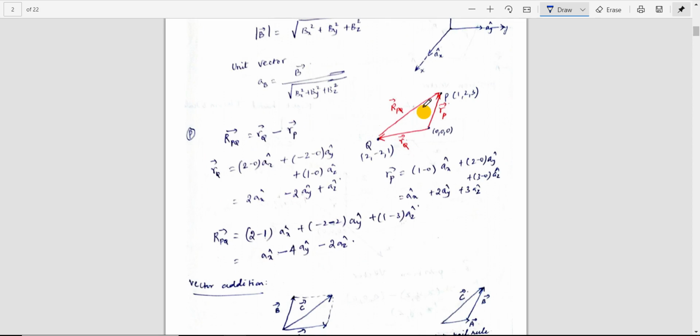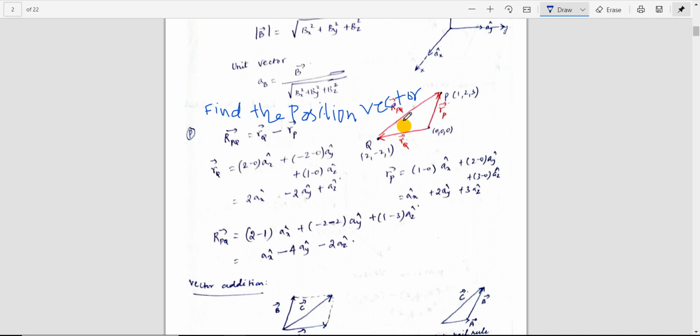Say you want to find the position vector rpq.